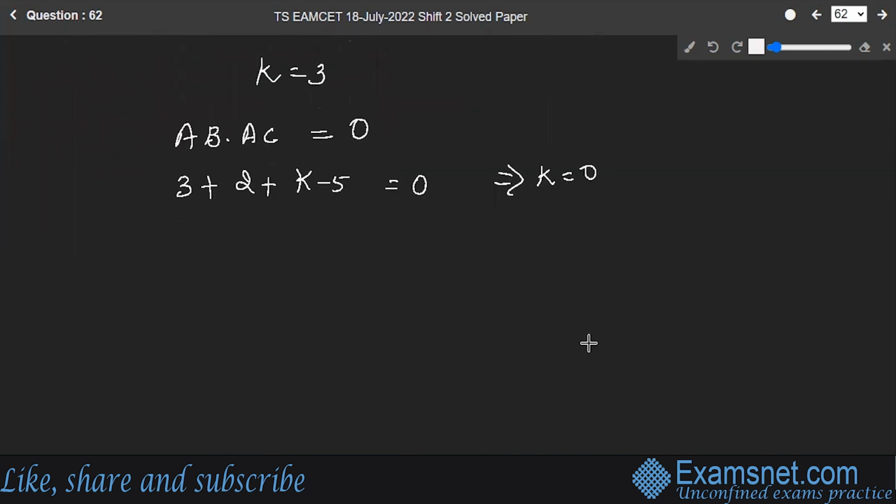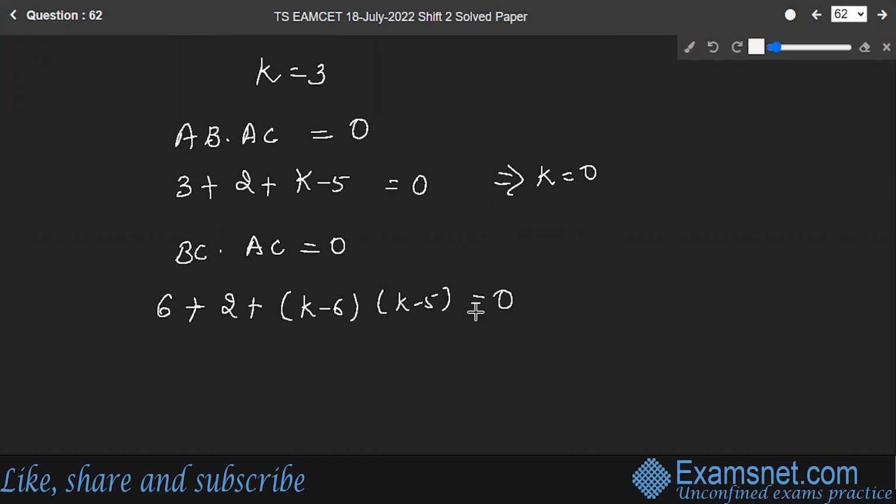Or BC into AC is equal to 0. That gives you 6 plus 2 plus K minus 6 into K minus 5 is equal to 0. This will give me K square minus 11K plus 30 plus 8 is equal to 0, or K square minus 11K plus 38 is equal to 0.